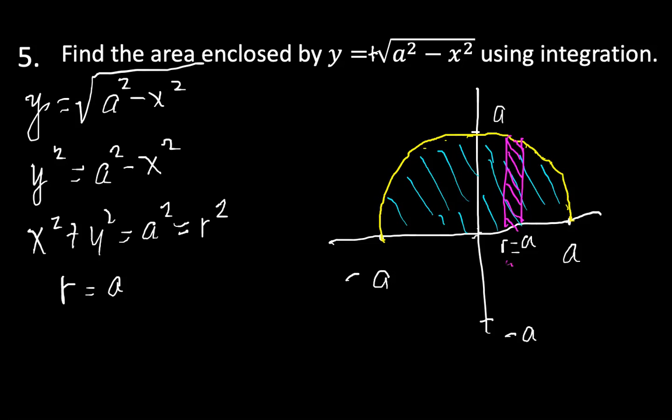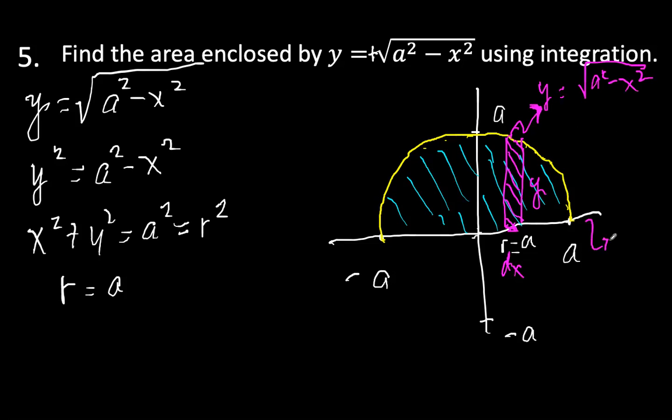And we know that this is the x and this is our y, right? But for us to identify the area, we need to identify first the equations of the regions bounded by the following equations. Number one is y is equal to the square root of a squared minus x squared.